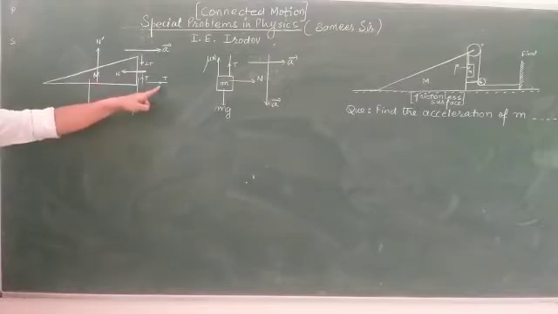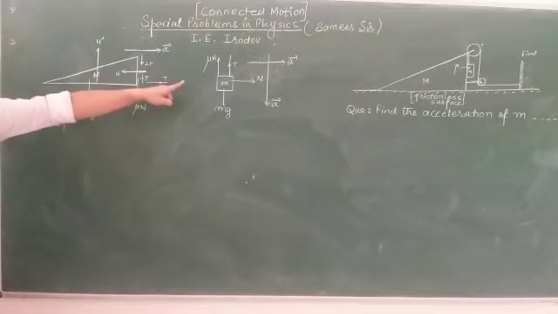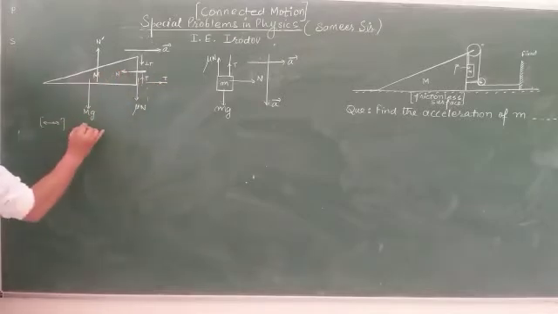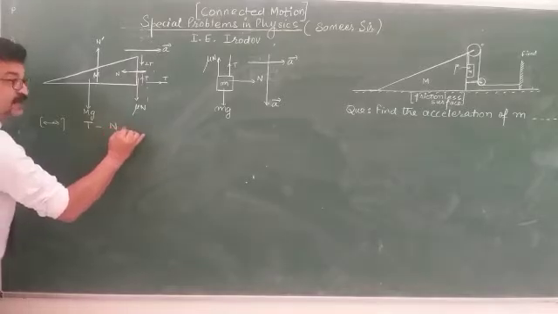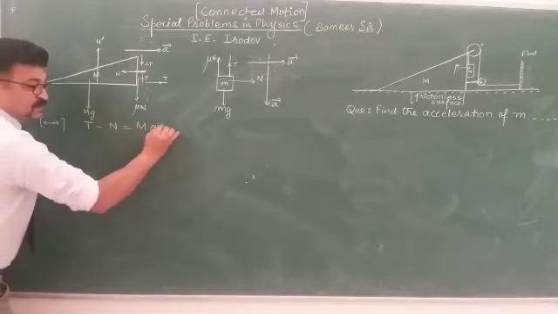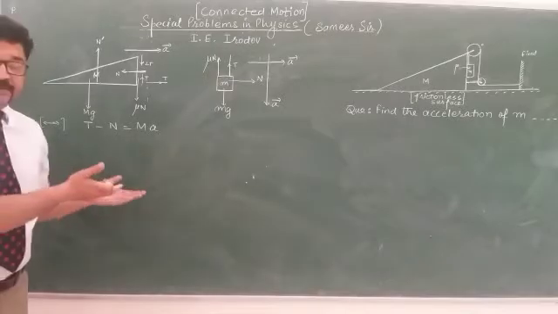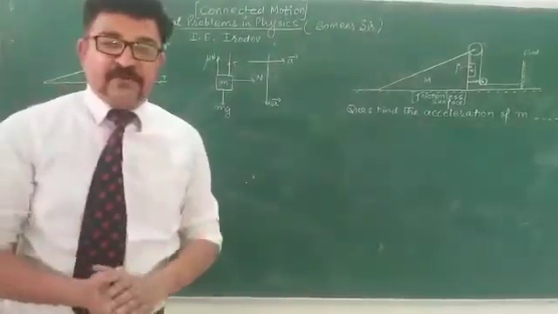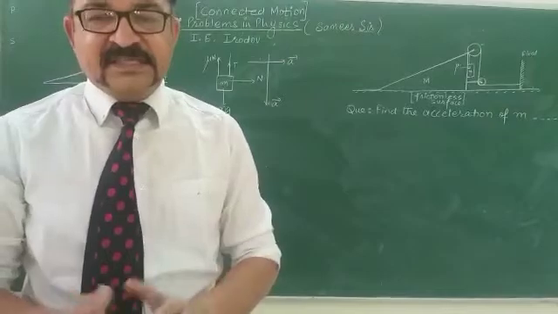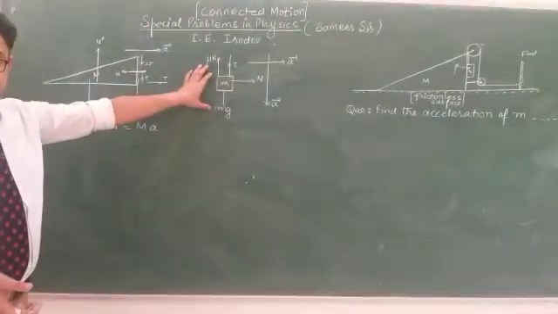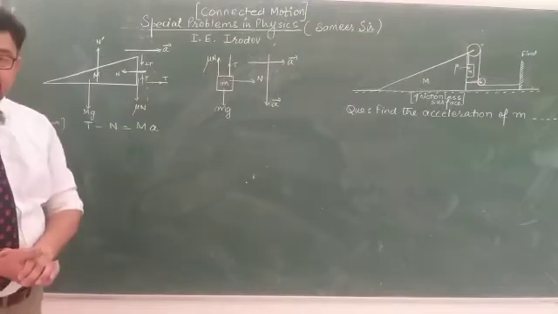If I discuss the horizontal motion of the wedge, have a look. What is the horizontal force acting forward? It is capital T, and N is acting backward. What will I write? I will write T minus N is equal to capital M into A. You might be familiar with these types of equations. These are the basic dynamics of motion. Look at the diagram.